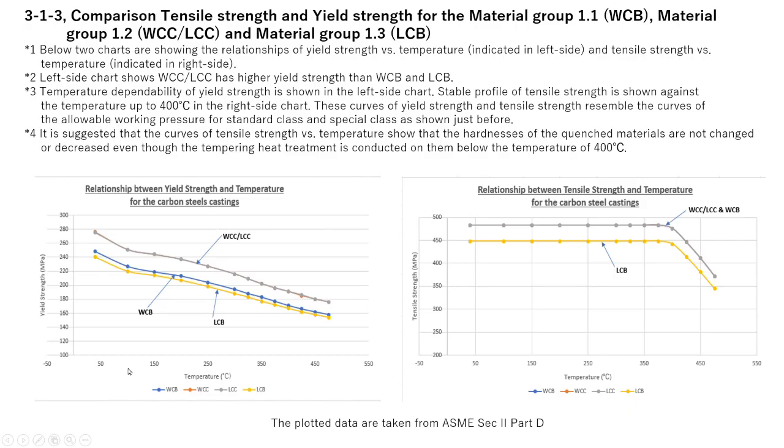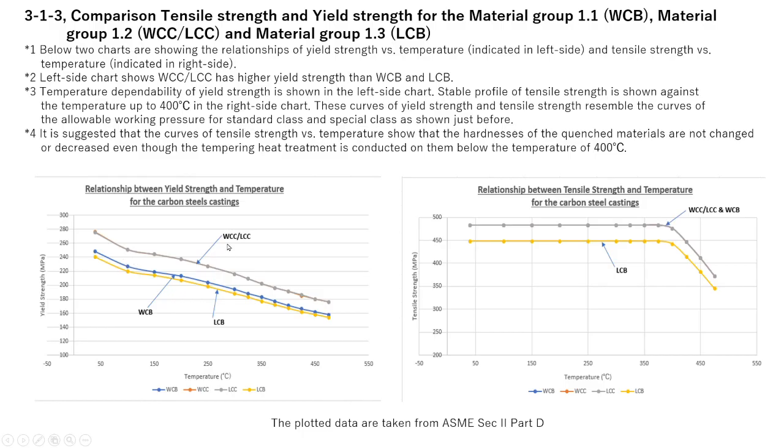The horizontal axis indicates the temperature and the vertical axis indicates the yield strength, in megapascals. I collected the data from ASME Section II Part D for materials WCC, LCC, WCB, LCB, and plotted the data here.